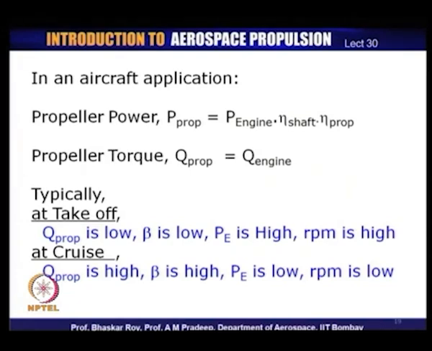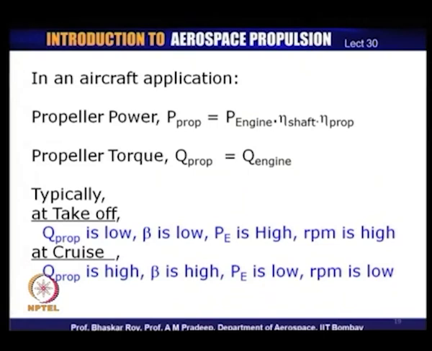So, during the cruise and during the takeoff, the propellers operate at quite different operating conditions to create thrust, one for takeoff which is very high, one for cruise where the thrust requirement is indeed rather low, but the torque requirement is rather on the higher side. So, these are at least two different operating conditions which a propeller has to cater to ensure that the aircraft flies properly.